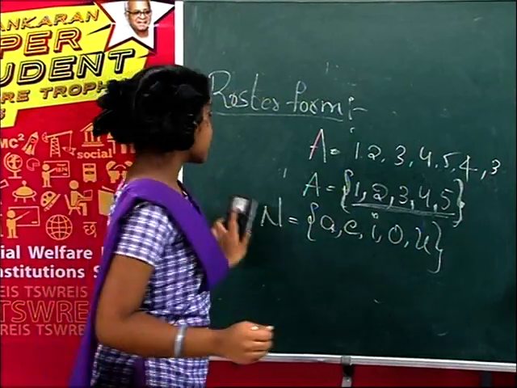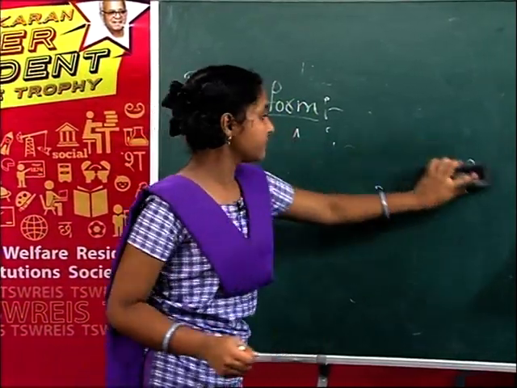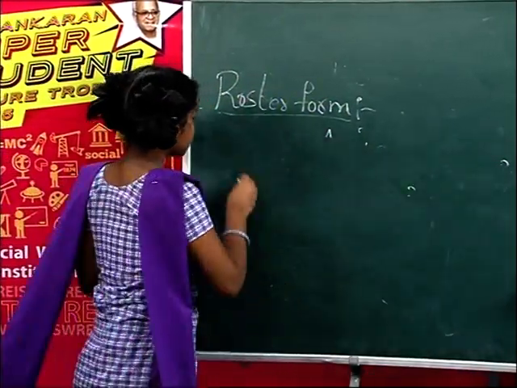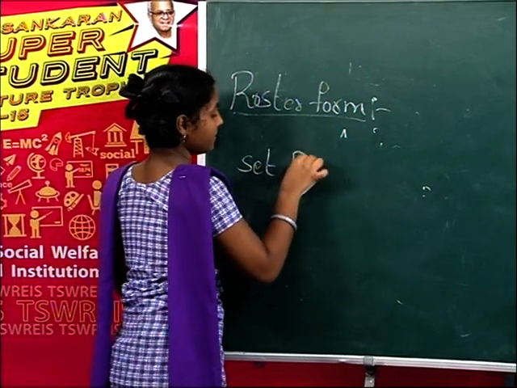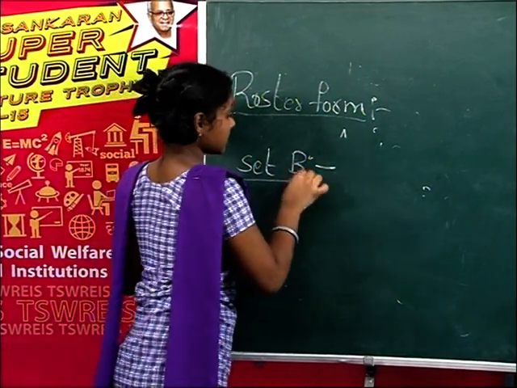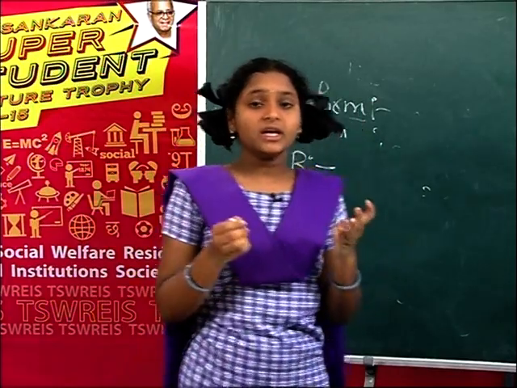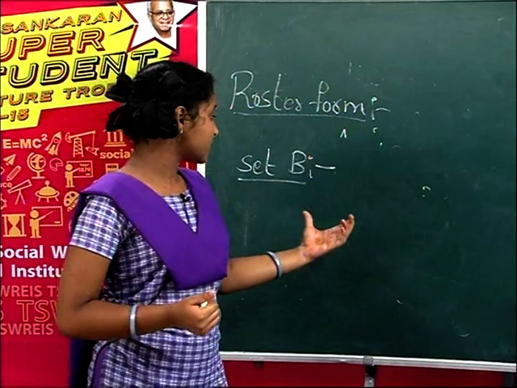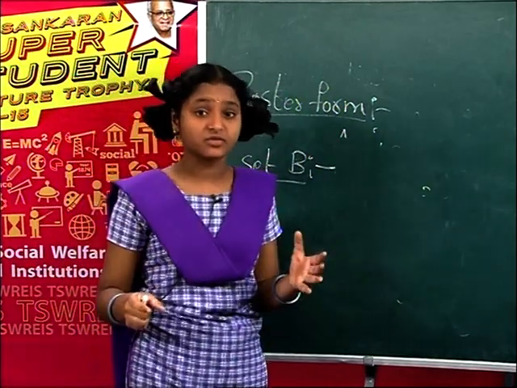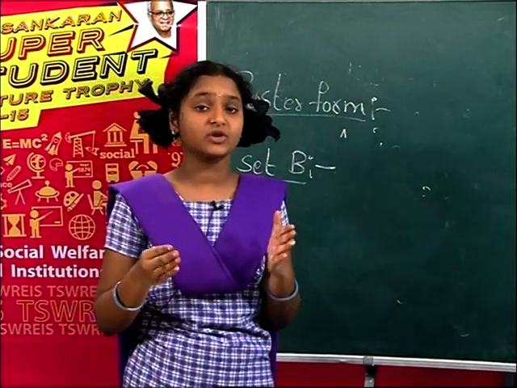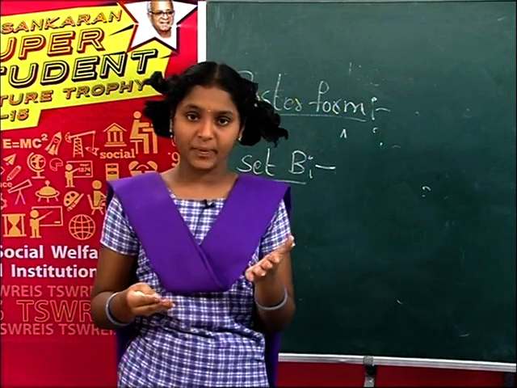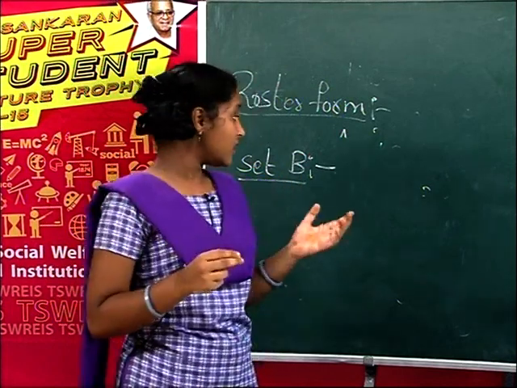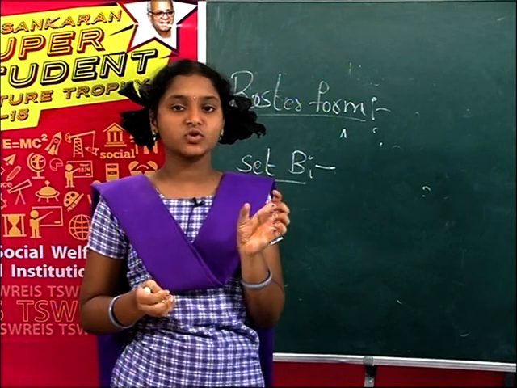And next one, set builder form. The set builder form is used with a pattern, and the set which we write should have a common property between its elements, and that is represented using a pattern.